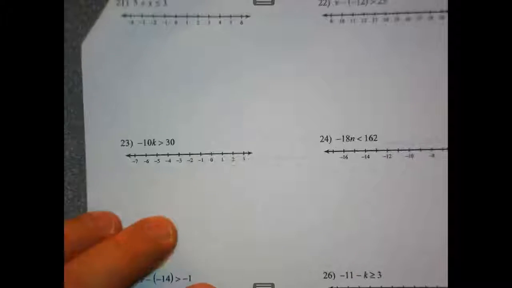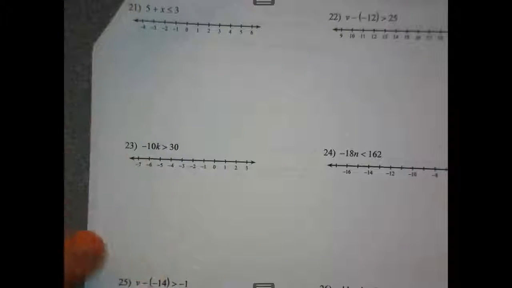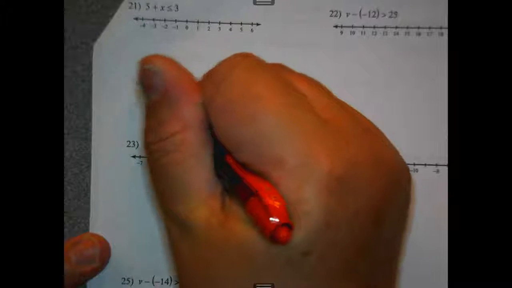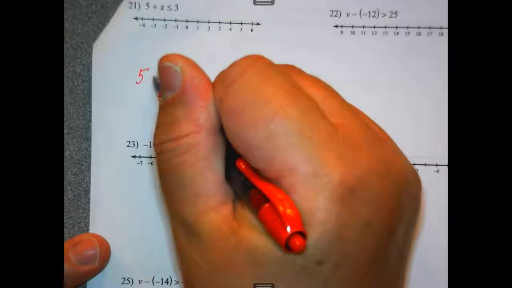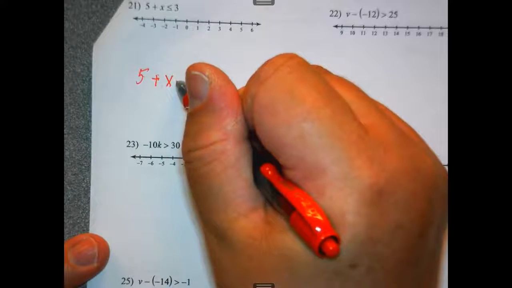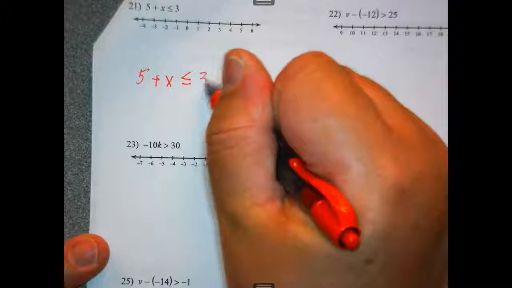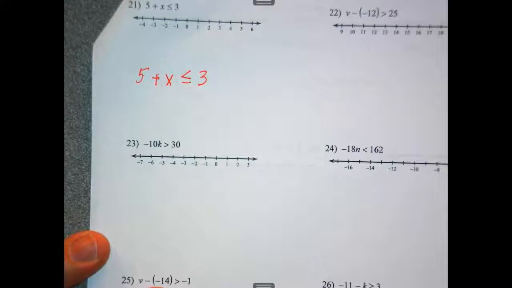All right, turn it over. Let's do a few of these. 21. I have 5 plus n. Subtract 5 from both sides.